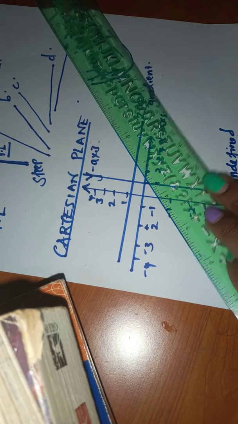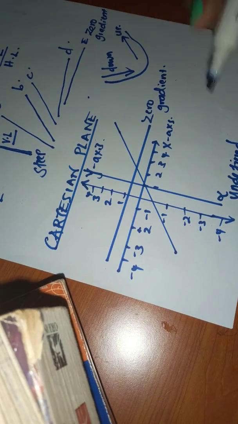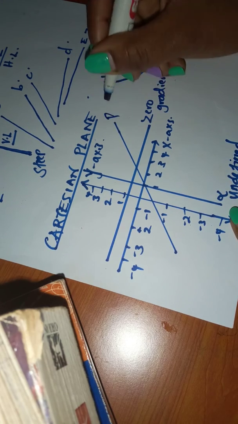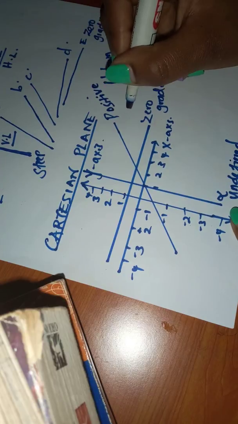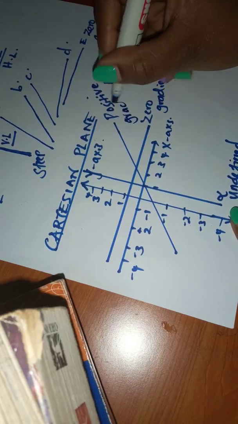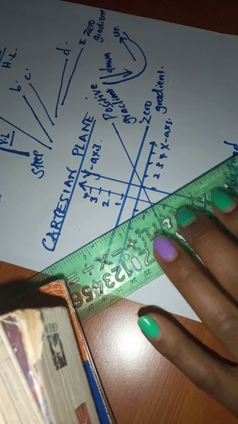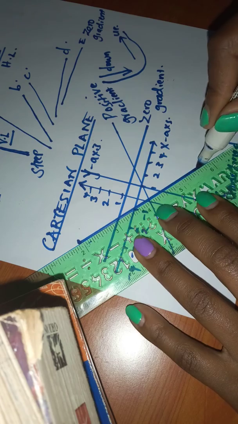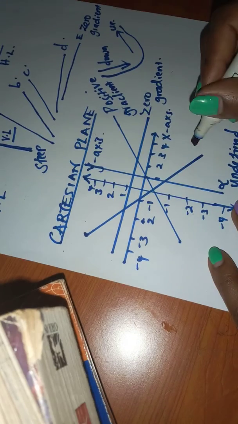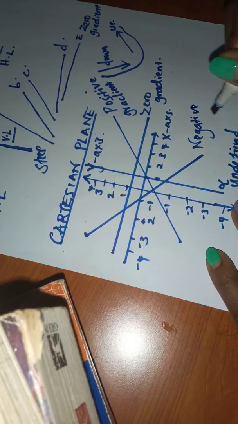So when a gradient is running in the positive direction, I call it a positive gradient. And then when I have one running from the positive to the negative, I call it a negative gradient.